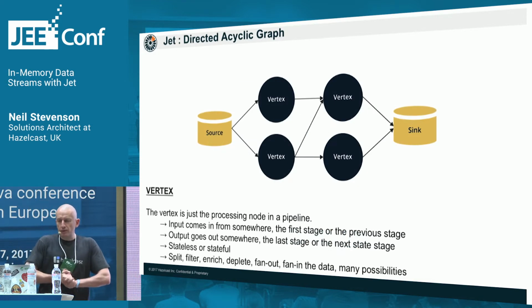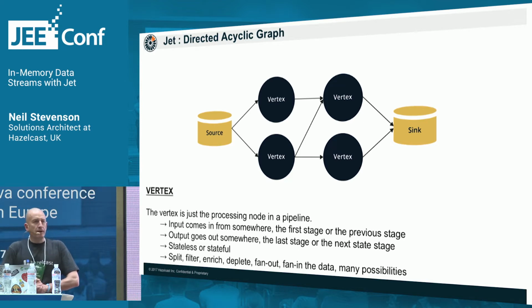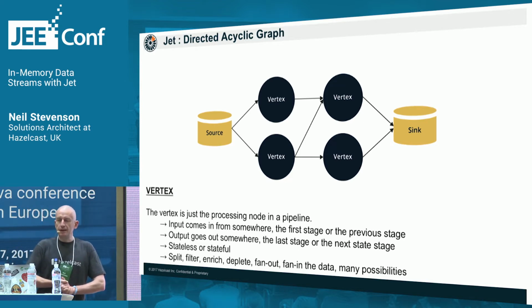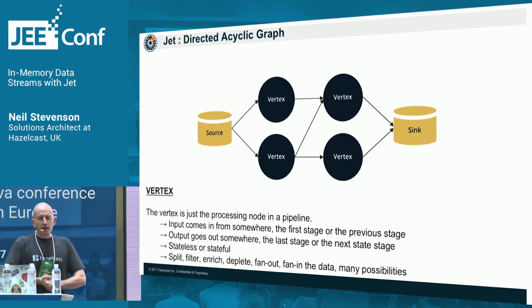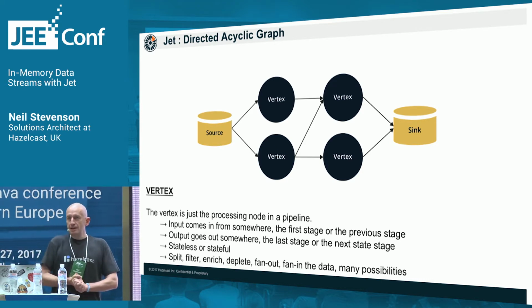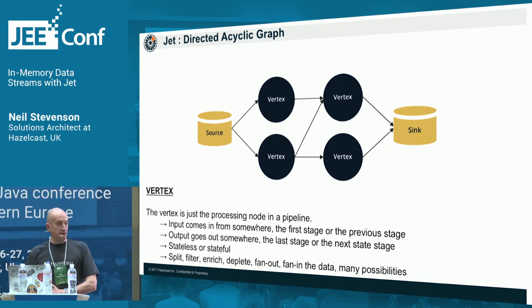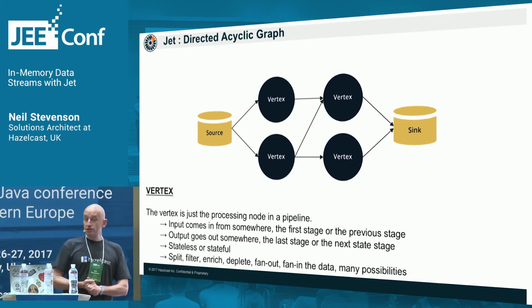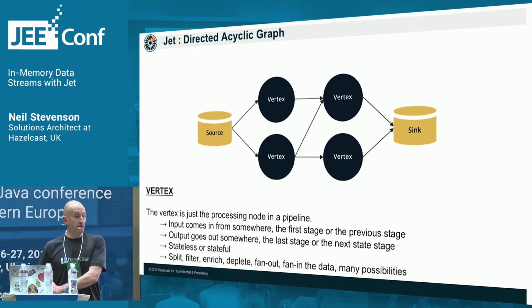So if we look at that more closely, what we're talking about is a flow of data from place to place. Each of these processing nodes, the black circles, what we call a vertex, takes a stream of data in and produces a stream of data out. The vertices at the end are producing your final result.